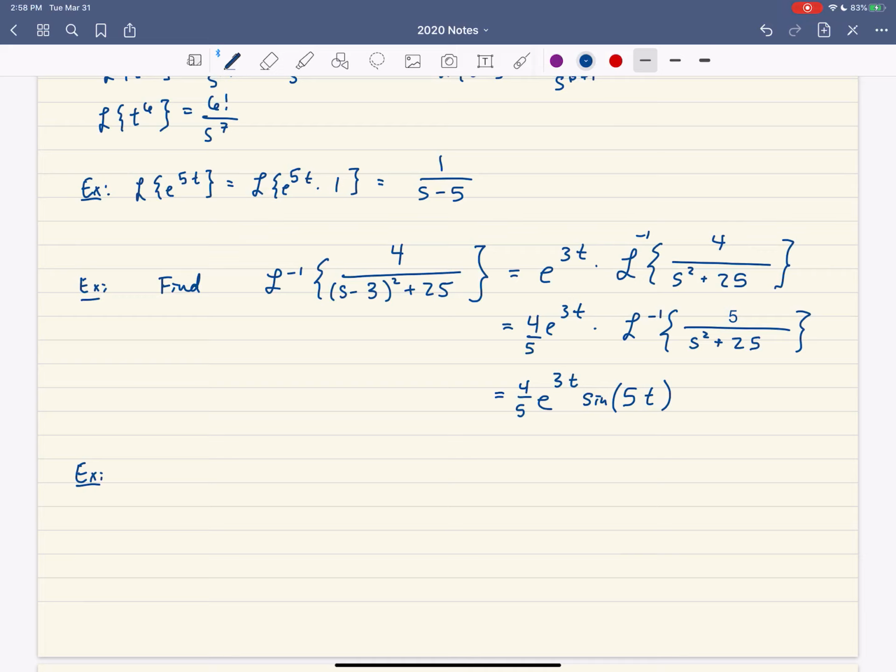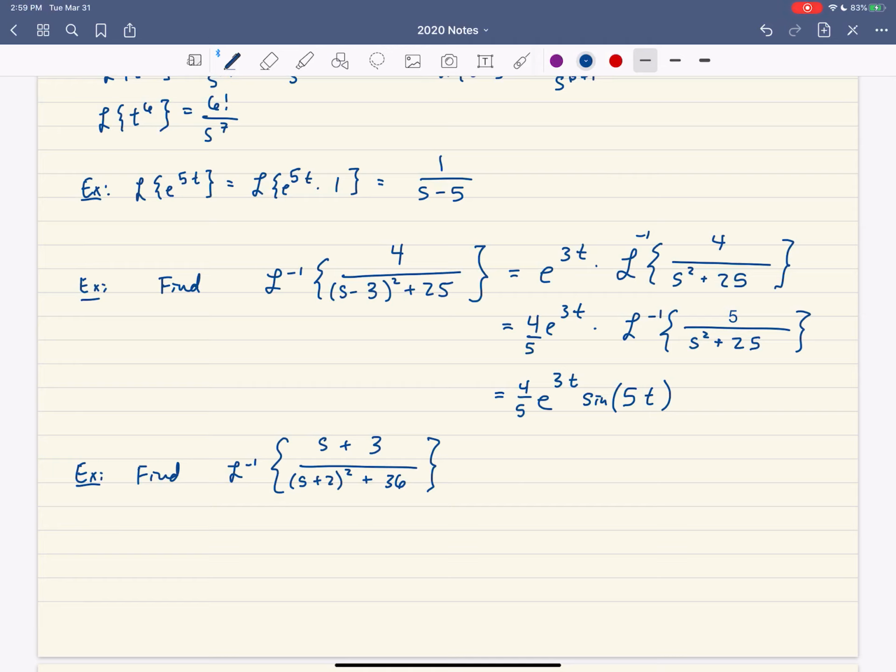And actually just one more here. Something that just occurred to me that we should talk about. Let's evaluate the inverse Laplace transform of s plus 3 over, let's say, s plus 2 squared plus 36. Okay, so let's think about how we could deal with something like that. We have s plus 3 over s plus 2 quantity squared plus 36.